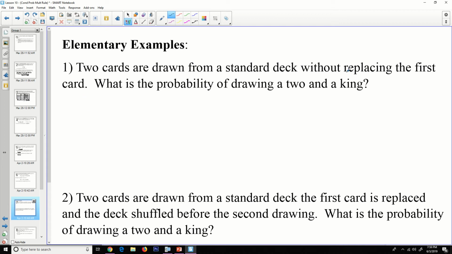And so these are definitely dependent events because we are drawing without replacement. So we are changing the deck.